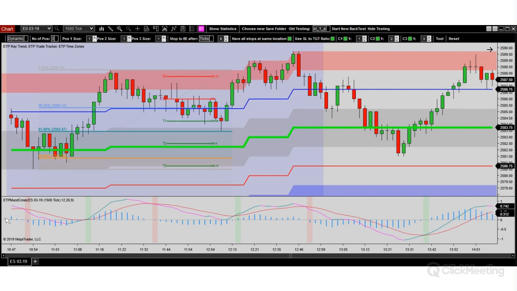So John, yes, in the new bundle, you're going to get the ETP MACD cross as well as an upgrade to all the RayTrader indicators. And in tomorrow's bundle, we're going to attach a workspace with the backtesting as well. So there's just a whole bunch of stuff in tomorrow's bundle.